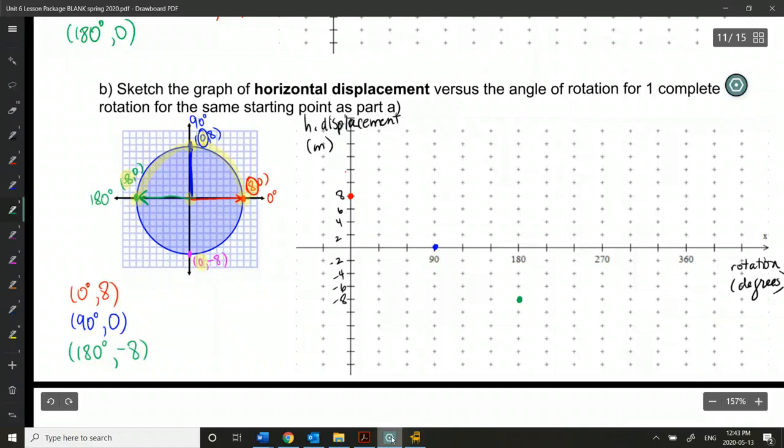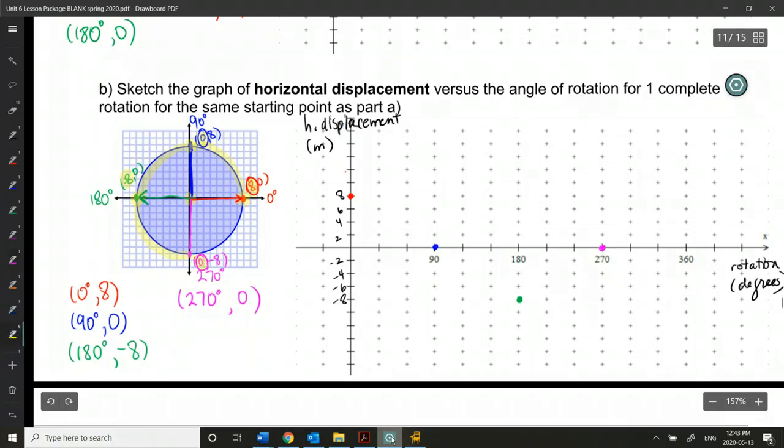So that's what we're going to graph over here. And rotating further here, now we are 270 degrees from where we started. And are we to the right, the left, or are we equal to the center? Well, I think we're actually exactly equal to the center, and the x-coordinate tells me this as well. So we are at 270 with a horizontal displacement of 0.